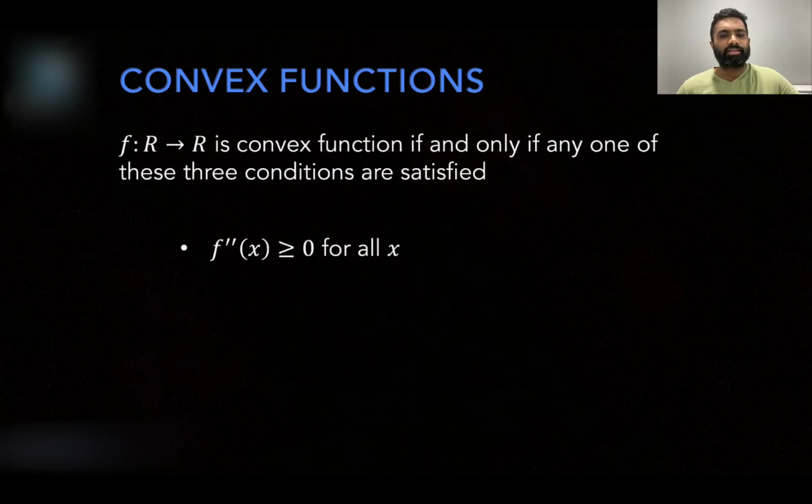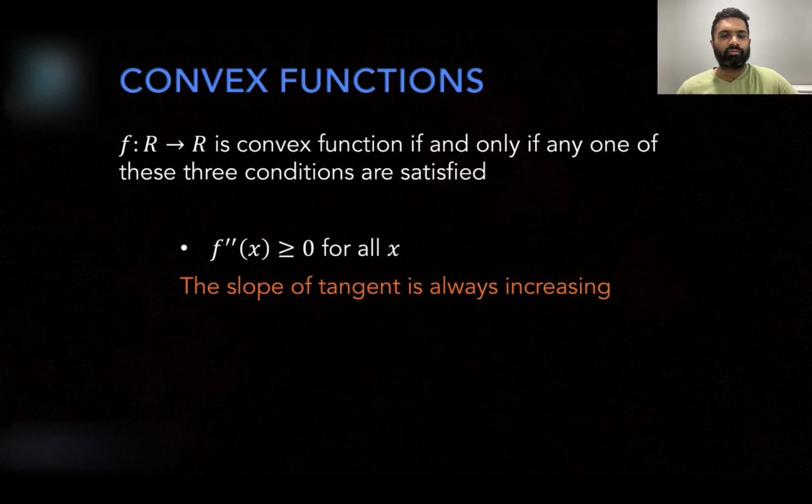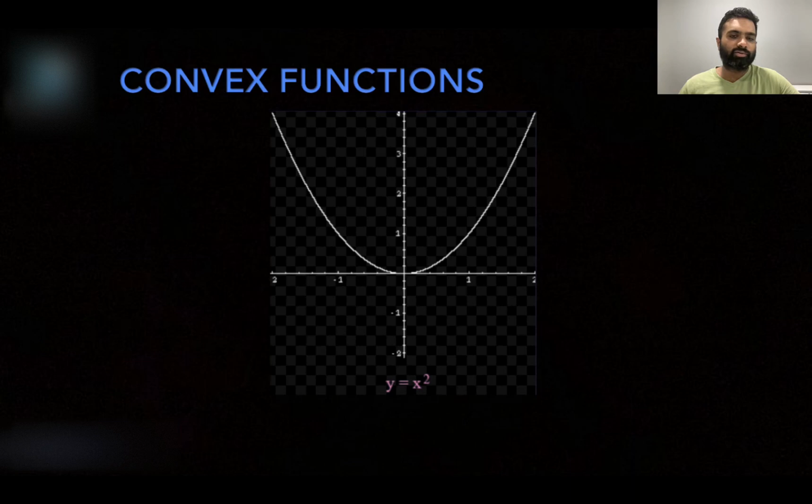And the third property says that if we double differentiate the function at any point x, the double differentiation will be greater than or equal to 0. Visually, verbally, if you want to say it, the slope of the tangent is always increasing as x is increasing. So if x is here, there is some slope of the tangent here.